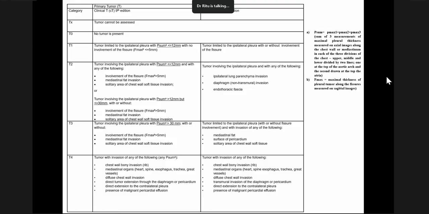T2 is when the tumor was greater than 12 millimeters with fissural involvement, or less than 30 millimeters. Anything greater than 30 millimeters with fissural involvement, or mediastinal fat invasion, or a solitary focal area of chest wall invasion was T3. Any other invasion with any size was considered a T4.